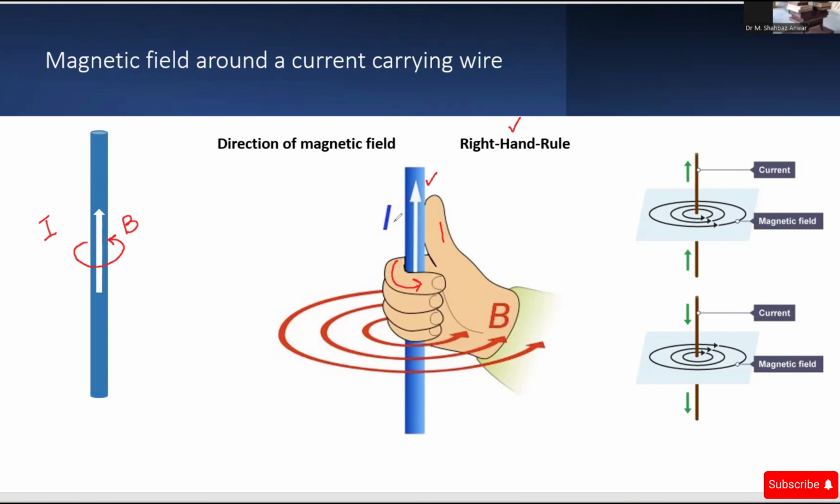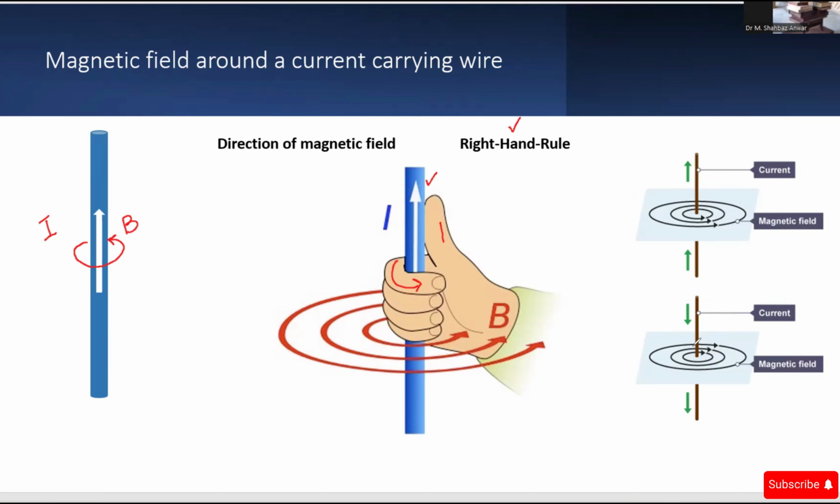For example, in this picture, current is going up, and then the field is anti-clockwise around this wire. And if you switch your current downwards, you can also experience with your hand that the magnetic field will also switch and it will go clockwise.